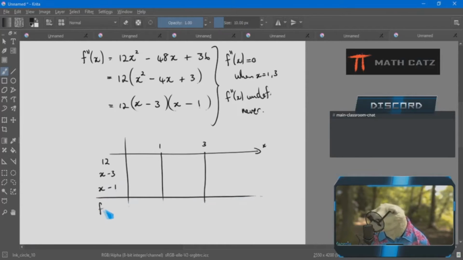By way of multiplication, they combine to give me the second derivative. 12 is always positive, but I don't want to leave it out. It's a part of it. Let's include it. X minus 3 is 0 when x is 3. In multiplication, it makes the second derivative 0. It's going to go negative to positive.